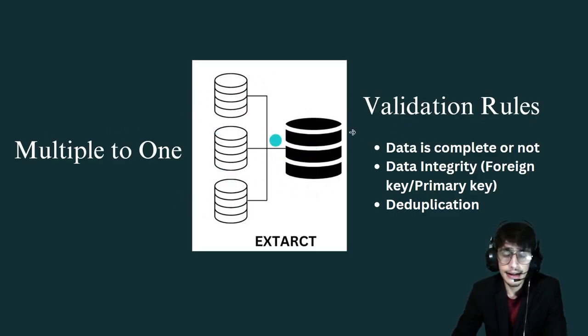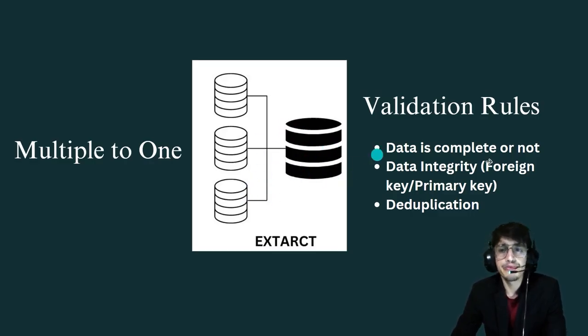In this step we are not moving the data randomly; we are applying some validation rules. What validation rules are we using? Some data cleaning rules, like whether the data is complete or not. If data is complete, then only it will come into the bigger database, or else it will be rejected.